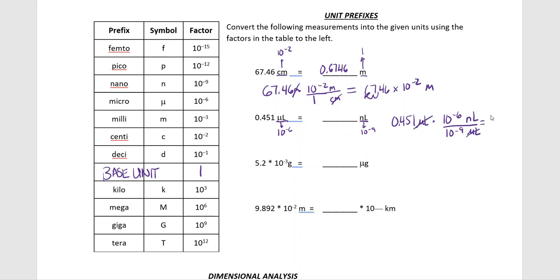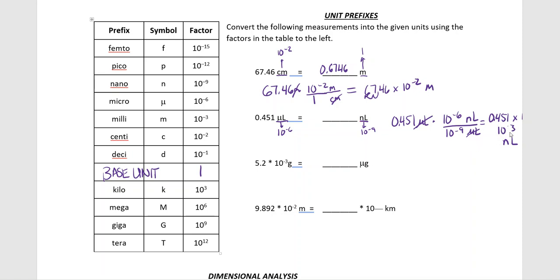And what we end up with is, I haven't left myself enough space, but we'll just keep going here. 0.451 times 10 to the negative 3rd nanoliters, right? And 10 to the negative 3rd is a condensing of 10 to the negative 6 over 10 to the negative 9th. When that all gets divided out, that should be a positive 3rd, sorry. 10 to the positive 3rd.